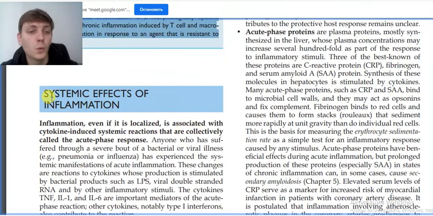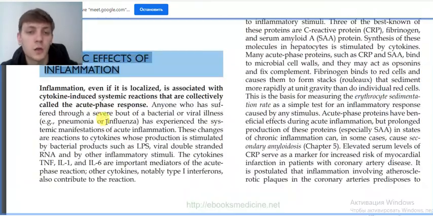And now we go to the next part. I'll try to squeeze this part as fast as possible. It's the systemic effects of inflammation. Systemic effects of inflammation are mostly promoted by our own cytokines like TNF, interleukin 1 and interleukin 6, as we discussed a little bit already.